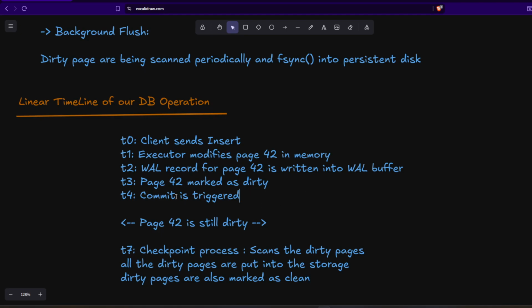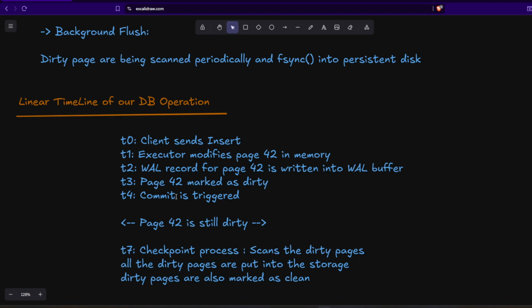This is a very important distinction to understand, guys. Although the commit was triggered, at that point of time page 42 was still dirty, and at a slightly later point, when the checkpoint process runs, it scans the dirty pages, and all the dirty pages are flushed onto the storage through fsync or some other operation.